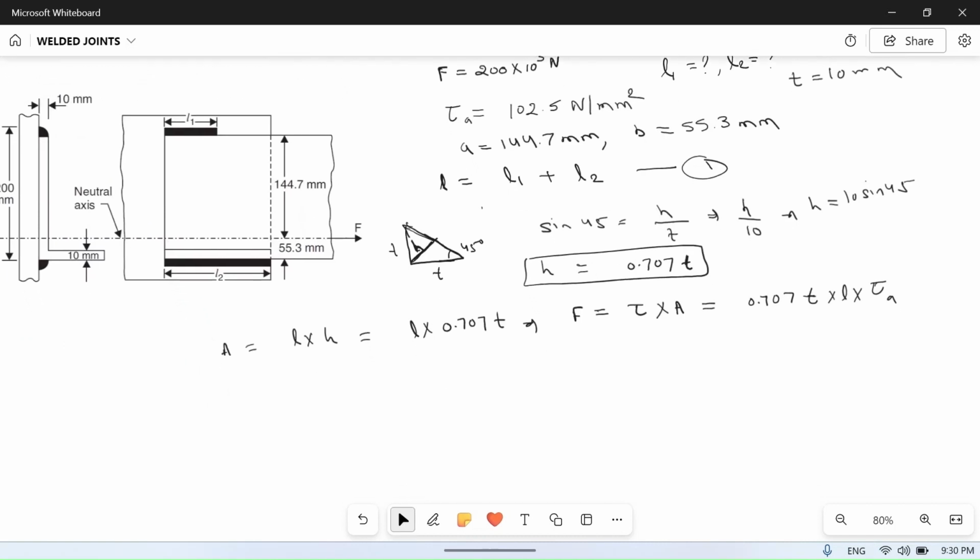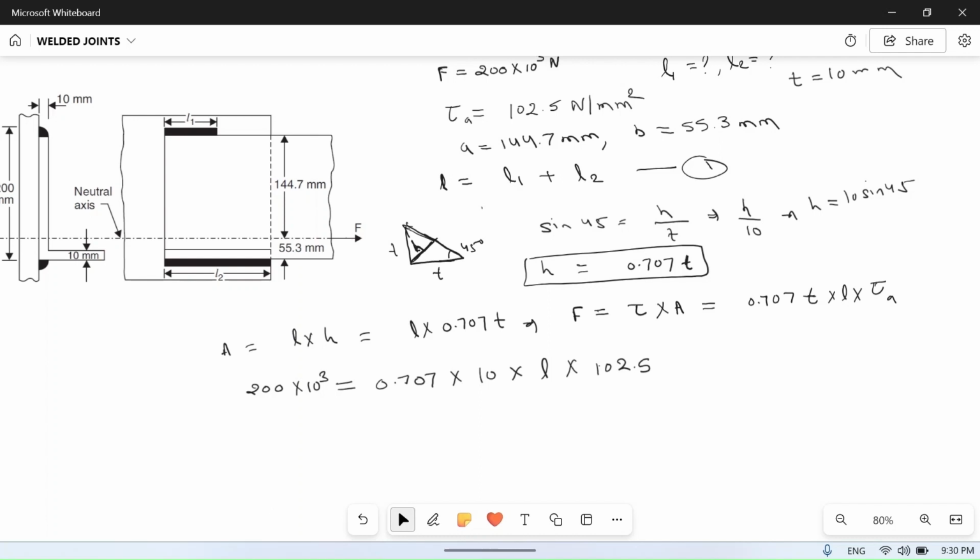Now from here, if you put the values here, F is given as 200 into 10 to the power 3 is equal to 0.707 into T is 10 mm into L we have to find into tau is given as 102.5 Newton per mm square. So if we calculate from here, I will calculate in my calculator.